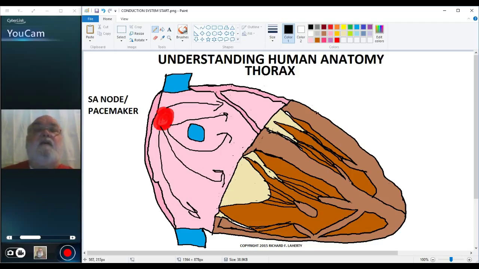And all those action potentials then converge on another node, the AV or atrioventricular node.